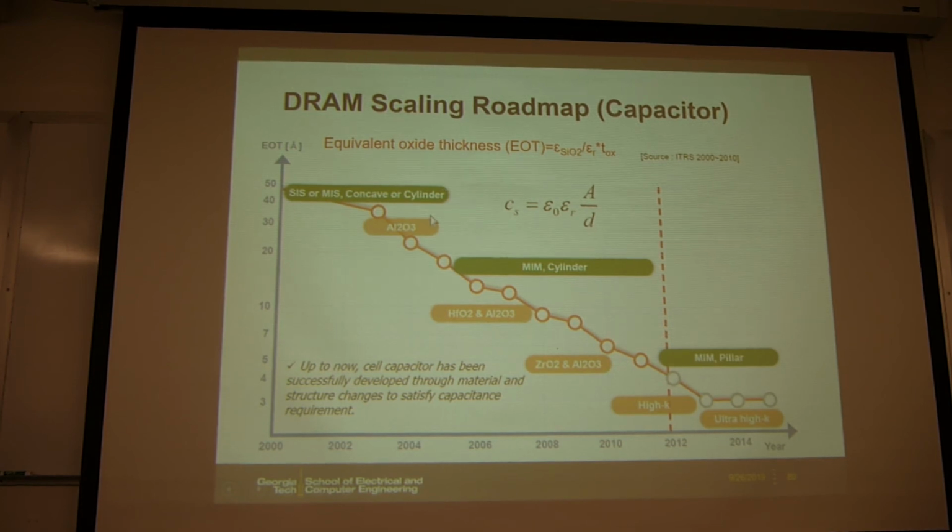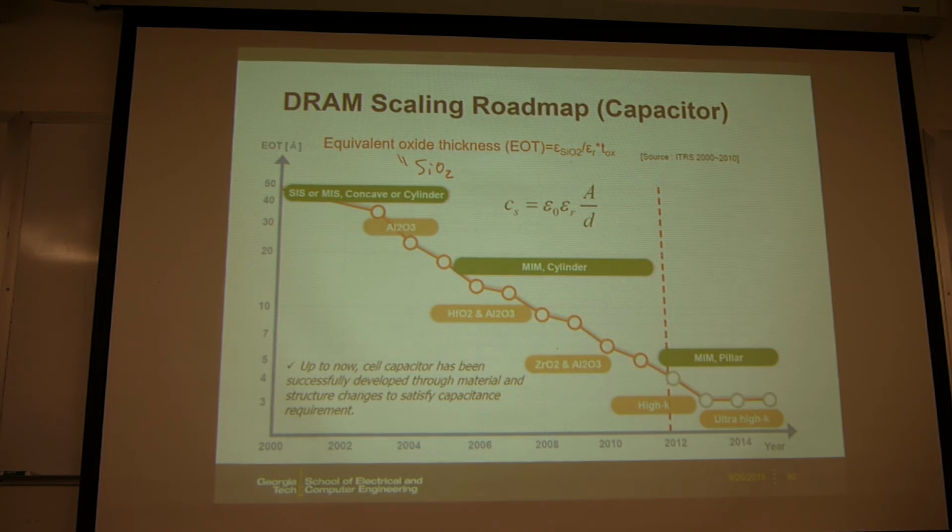So let's look at this by higher K value. There is a concept called the EOT, equivalent oxide thickness. So this is equivalent to silicon dioxide. So we are changing the insulator material to a higher K value, but we want to normalize the thickness to the silicon dioxide thickness. So this is the conversion.